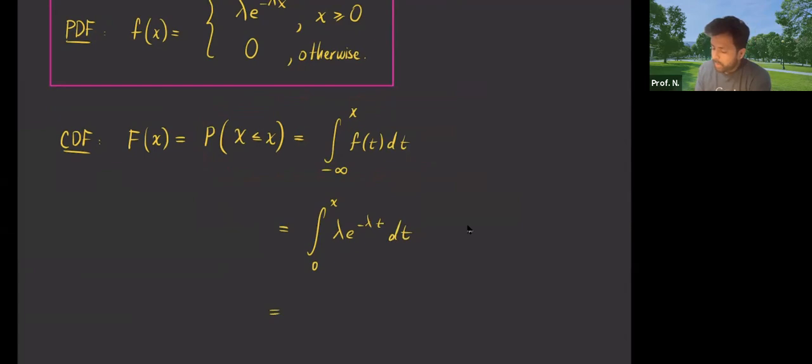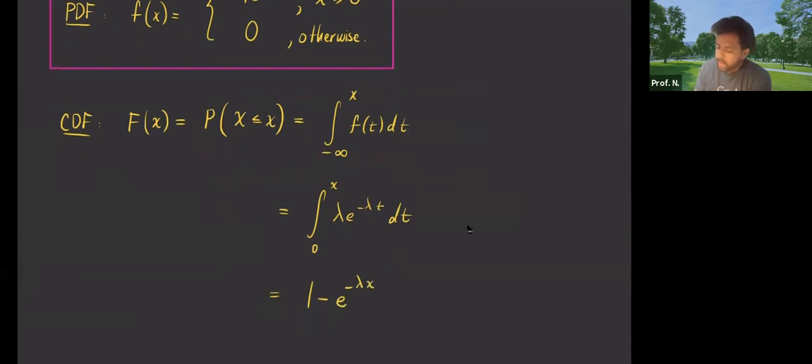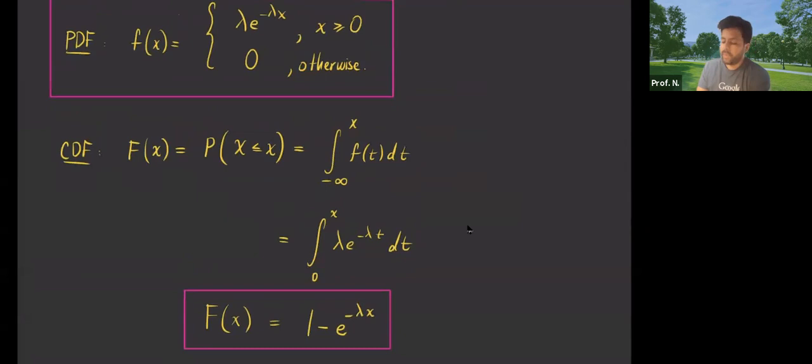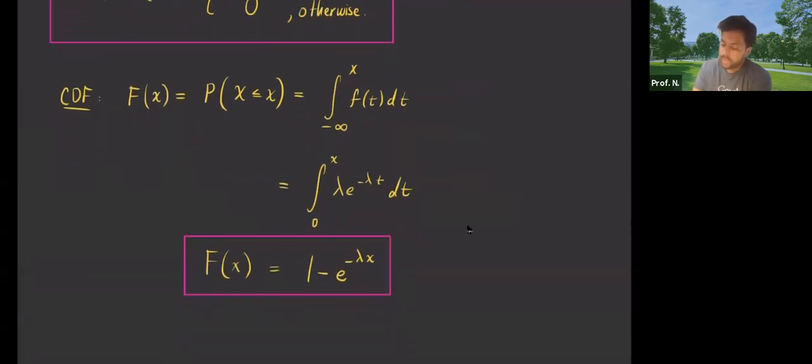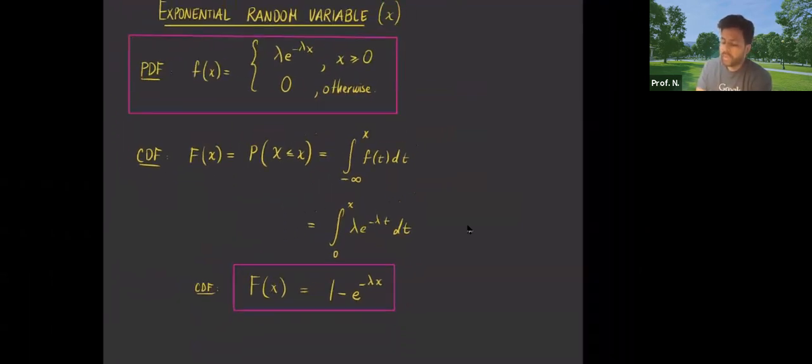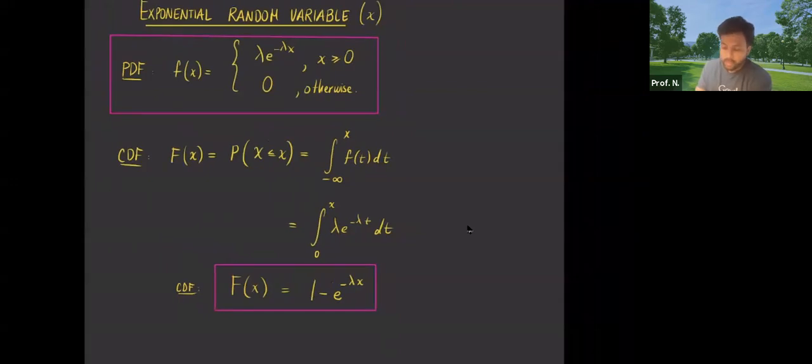And we saw we can integrate this, and this equals 1 minus e to the negative lambda x. So that's the cumulative distribution function, the CDF. So we found the exponential function, the PDF, and the CDF.